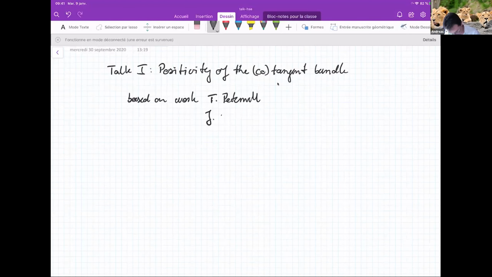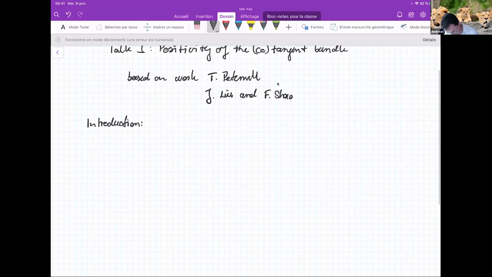So let me start with some general introduction. Why do we want to understand the cotangent bundle? If you have X some projective manifold, then you're looking for natural objects defined on the manifold, which you can use to understand it and to study it.